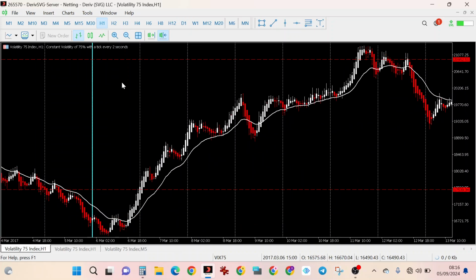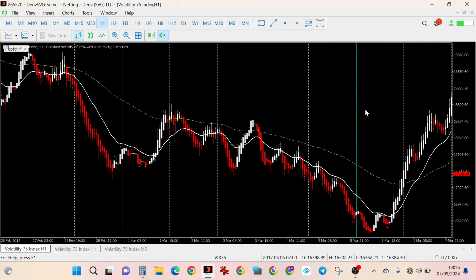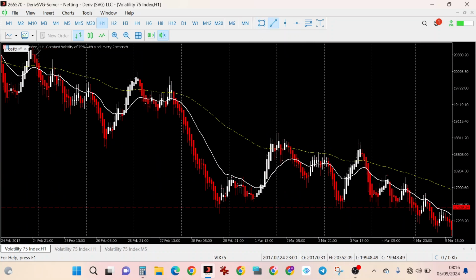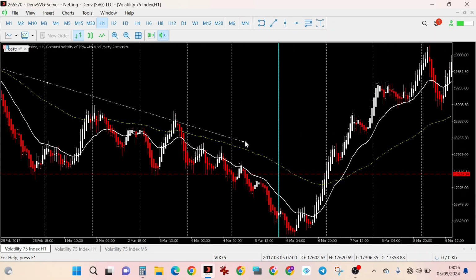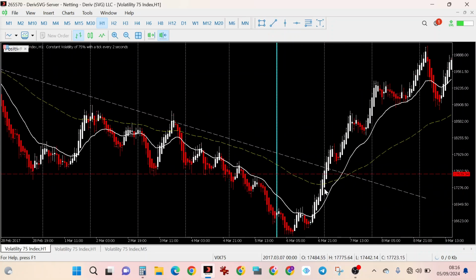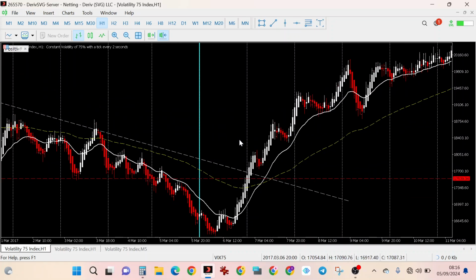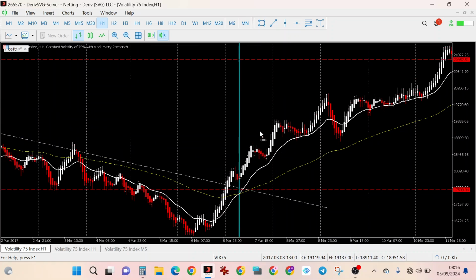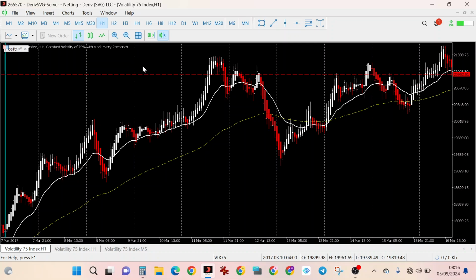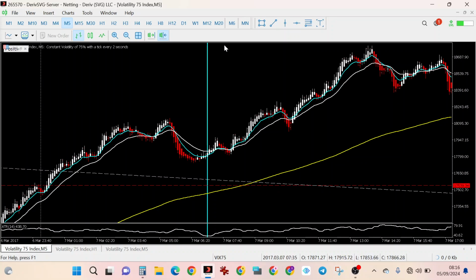On the 1 hourly chart, anytime you get a pullback to the moving average after the break of the trend line, you look for your entry on the lower time frame, M5 for example. This is going to be an entry.